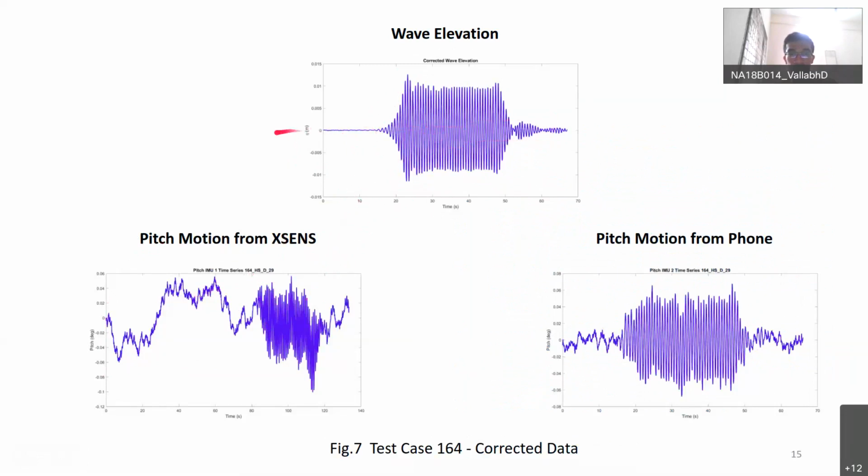Here the wave that we are providing is somewhere in the range of 20 to 50 seconds. Corresponding to this region, the IMU data is coming from around 80 plus to before 120. So we need the response corresponding to this wave from this data, and we don't need the rest of the data, so we have to filter that out.